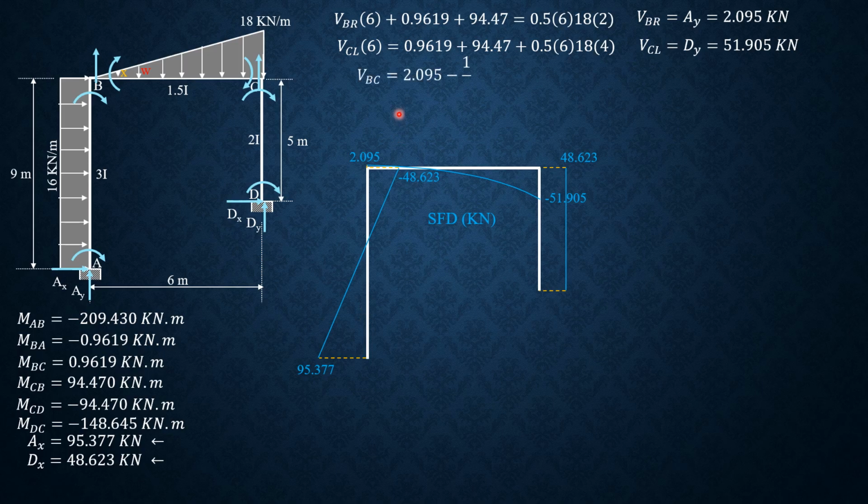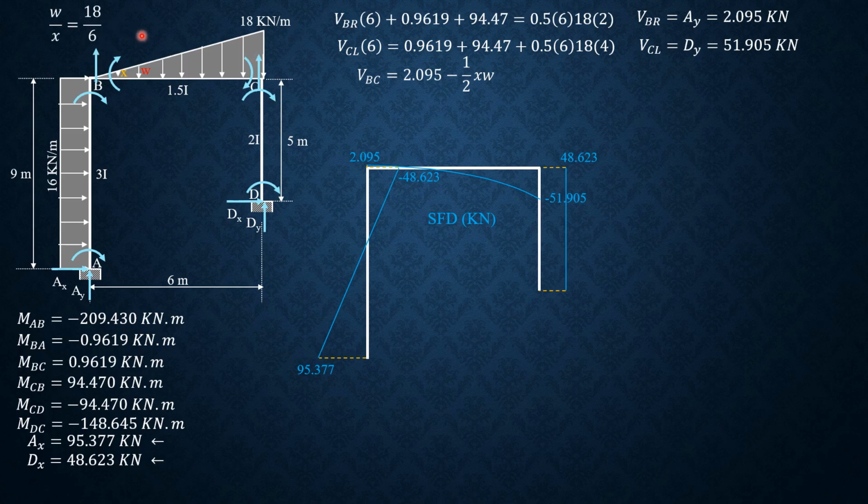So shear BC, we have to consider this intensity W at the distance x from the left. So shear BC is 2.095 minus the area of this triangle, 1/2 of x times W, where W is to x as 18 is to 6.